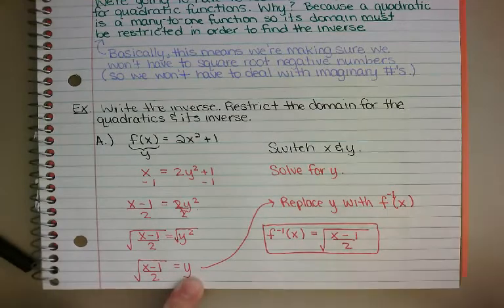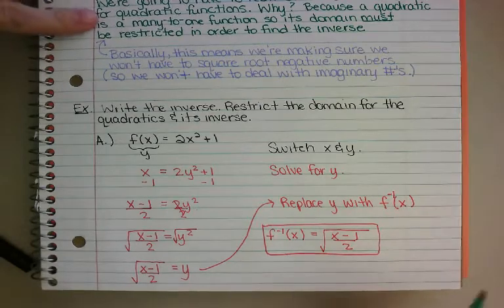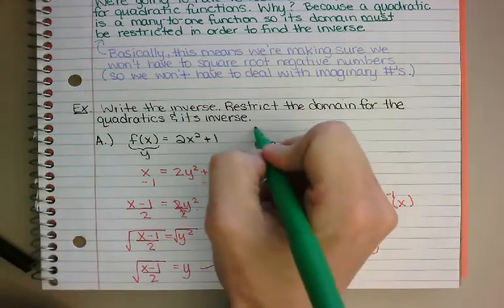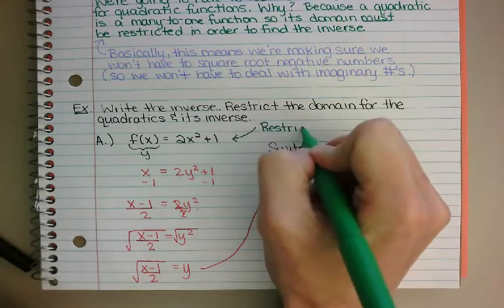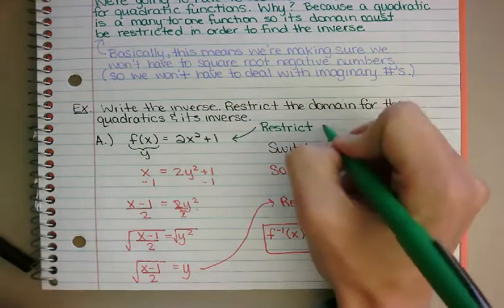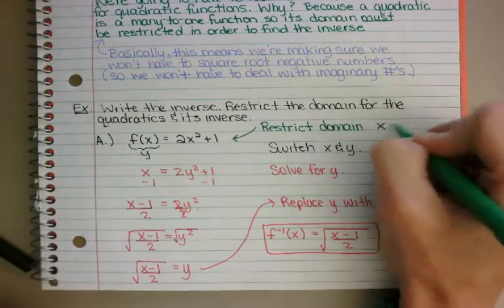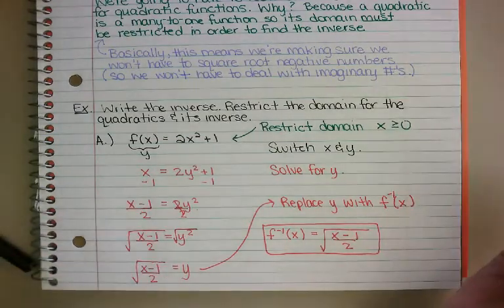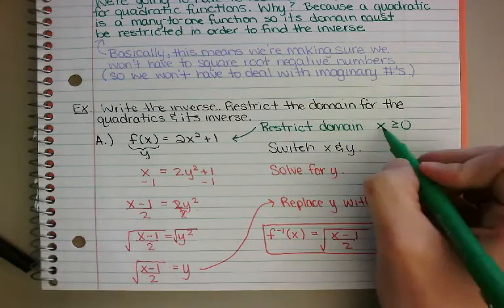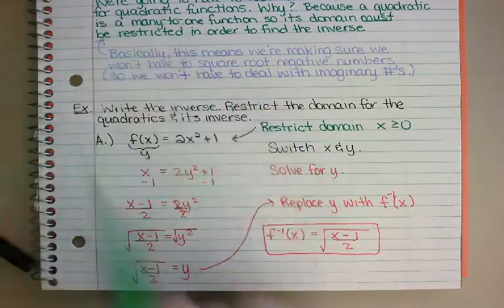Now, I didn't restrict the domain, so I need to make sure that I restrict the domain. I'm going to restrict the domain so that the x's are greater than or equal to 0. So we're restricting them to the positive values so that we won't have the many-to-one function.